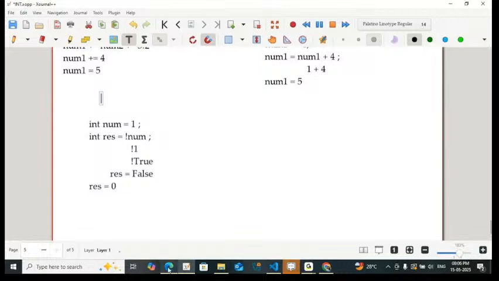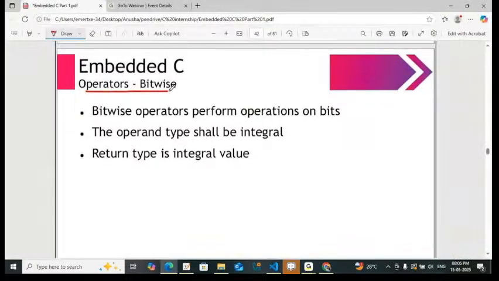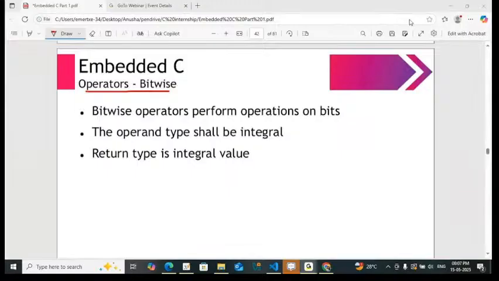Okay, now moving on, we have bitwise operators. Bitwise operators are used to perform operations on the bits of a number. All the operations are performed on bits of a number.